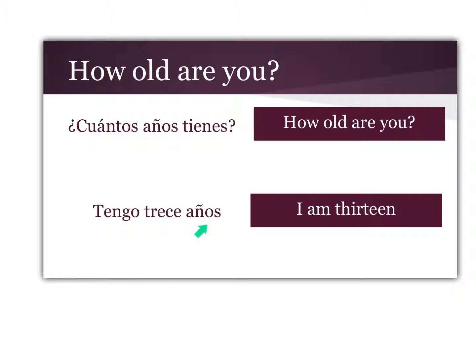Años, years. It's very important to remember, therefore, that Spanish does not use the verb to be when talking about age. The Spaniards don't say that you are a particular number of years, but that you have, or I have, a number of years.